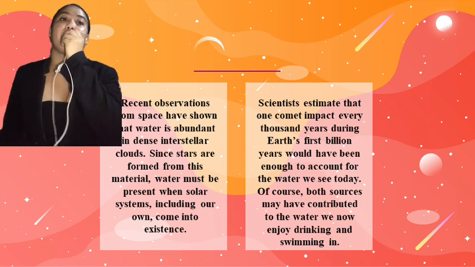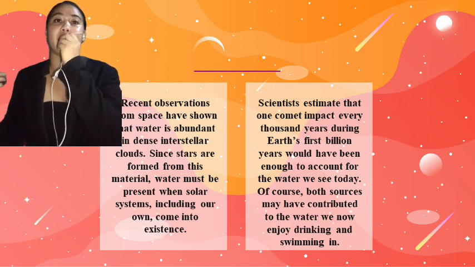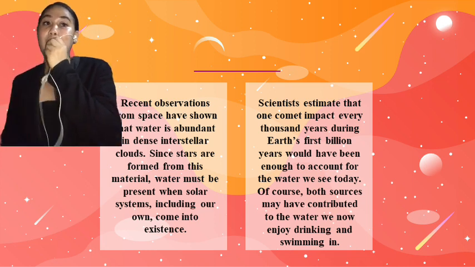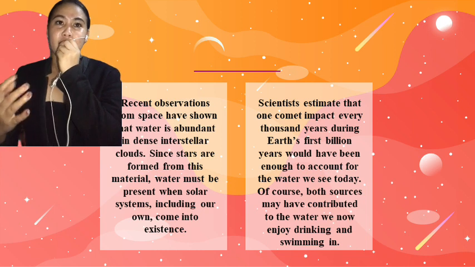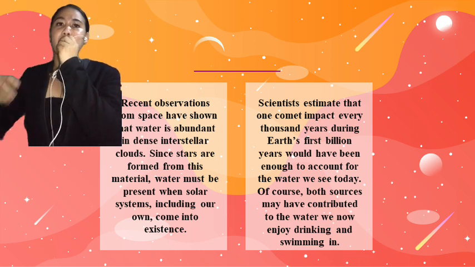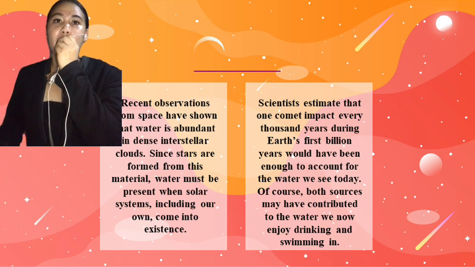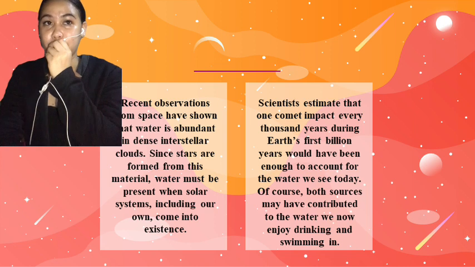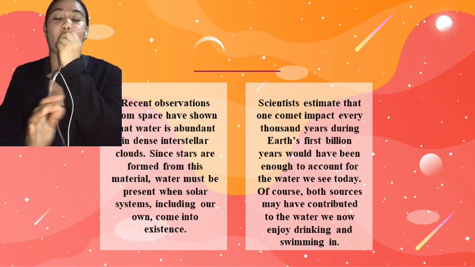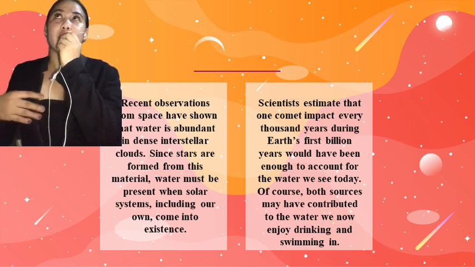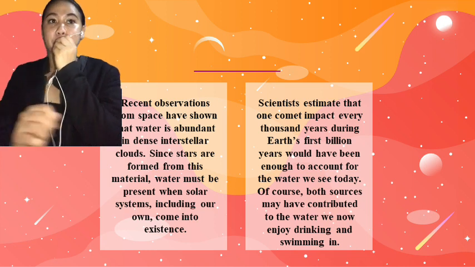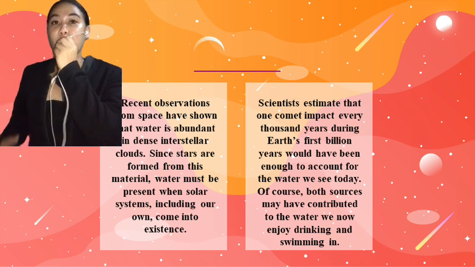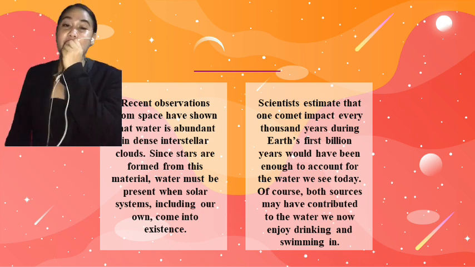Alternatively, the water may have been brought to the Earth when asteroids and comets formed from the same cloud that made the planets later impacted. Scientists estimate that one comet might impact every 1,000 years during Earth's first billion years. That would have been enough to account for the water we see today. Of course, both sources may have contributed to the water we now enjoy drinking and swimming.